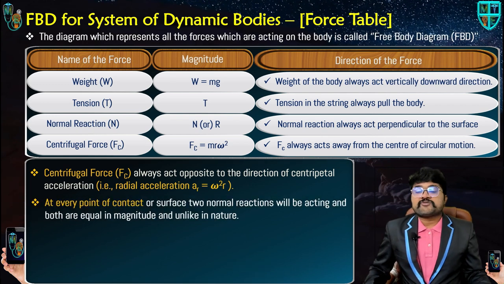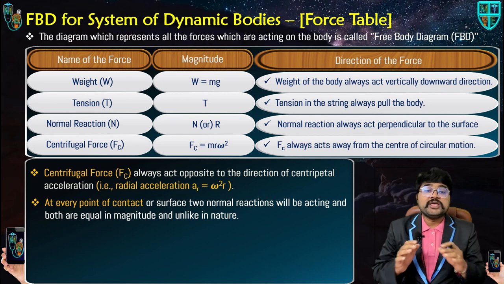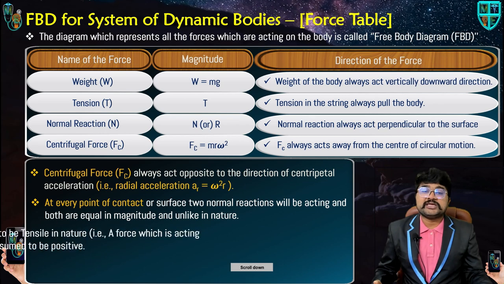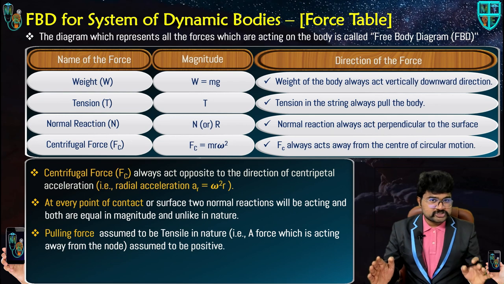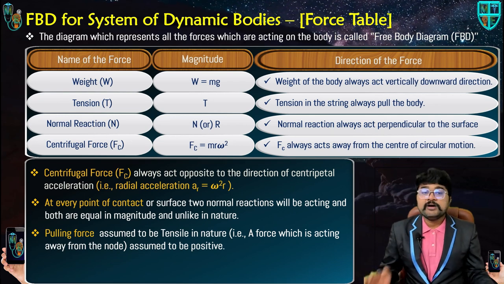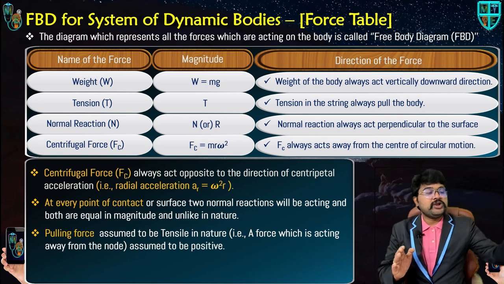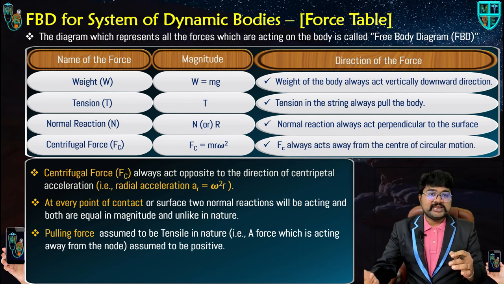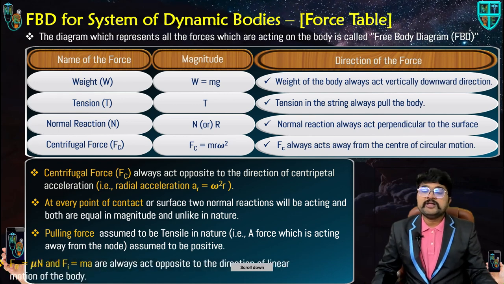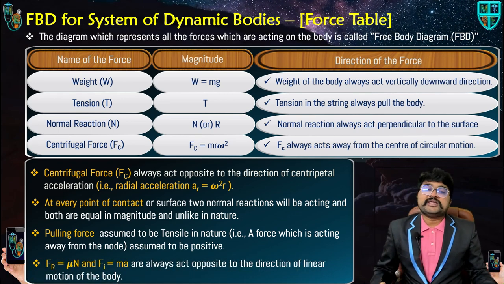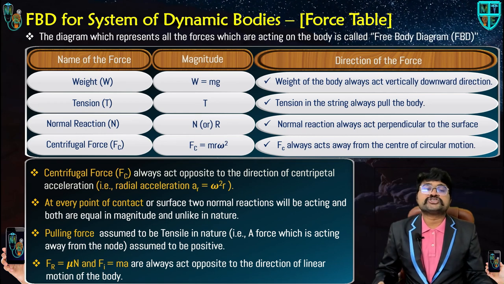At every point of contact or surface, two normal reactions will be acting. Both are equal in magnitude and opposite in nature. A force acting away from the node is assumed to be positive, that is tensile in nature. Pulling force means the force acting away from the node, pulling the node. Frictional resistance and inertia force always act opposite to the direction of motion of the body.